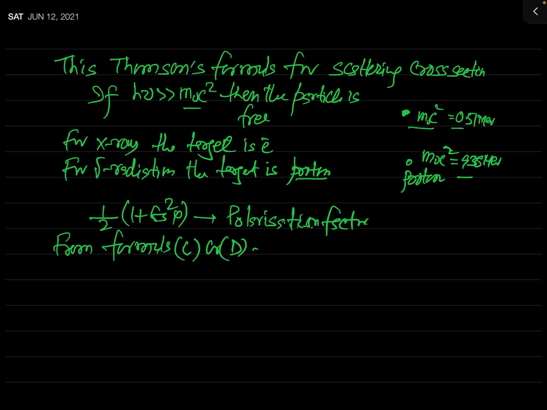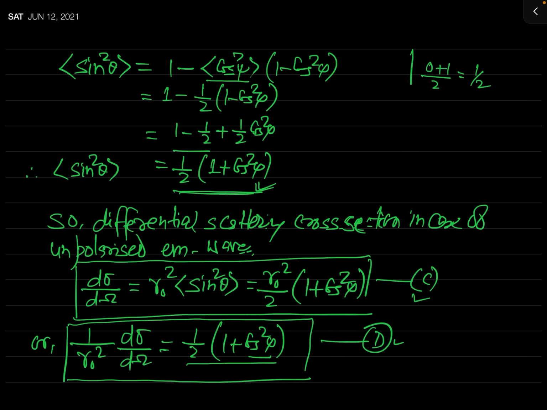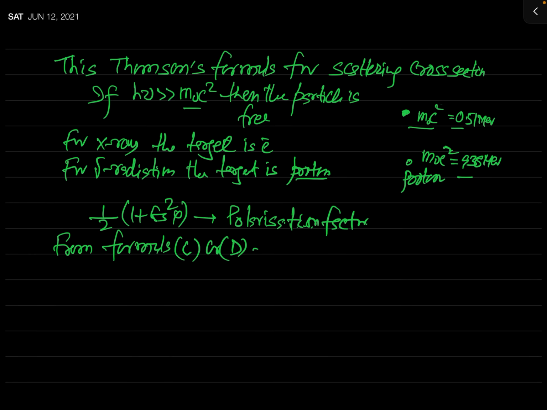First of all, in the RHS of these two formulas, the frequency omega of the radiation is not present. So you can easily say that the differential scattering cross section, or the scattering of the electromagnetic wave, does not depend on the frequency of the wave.